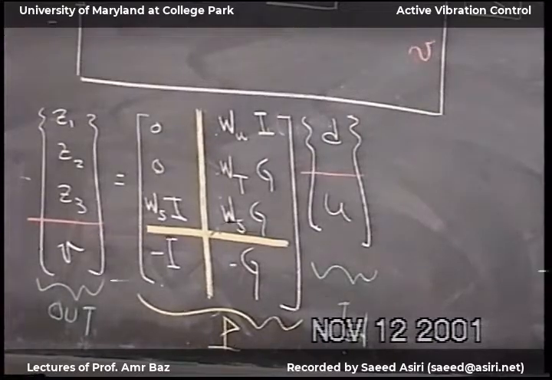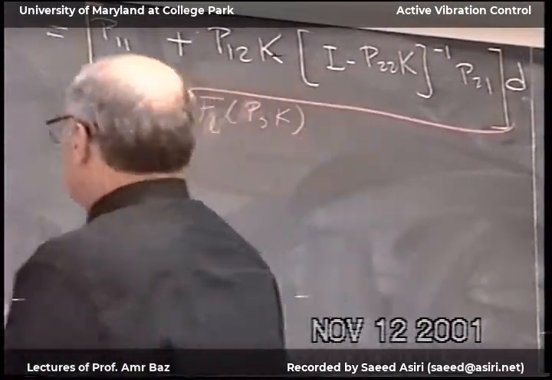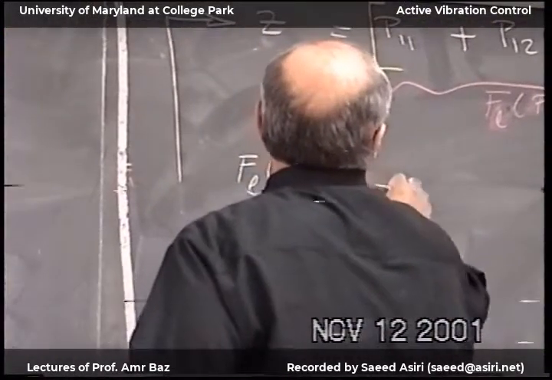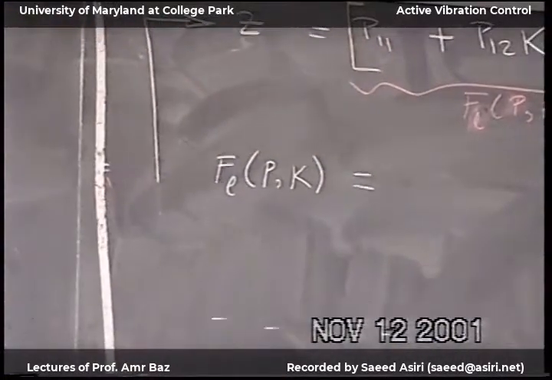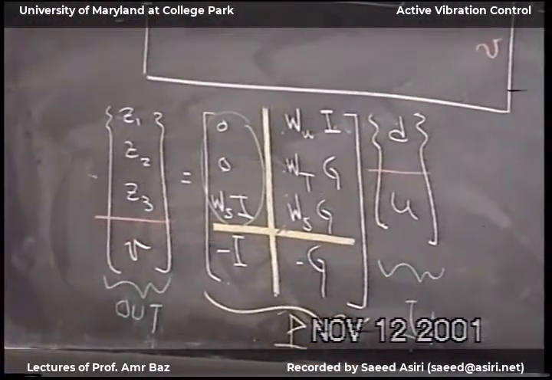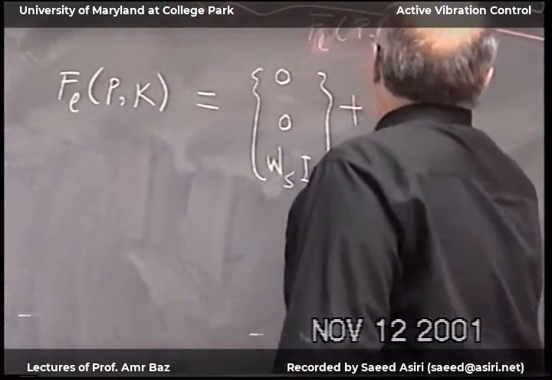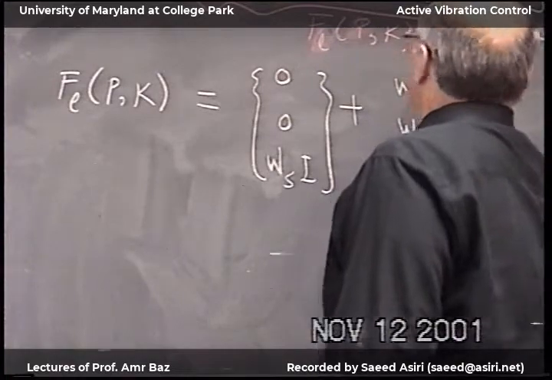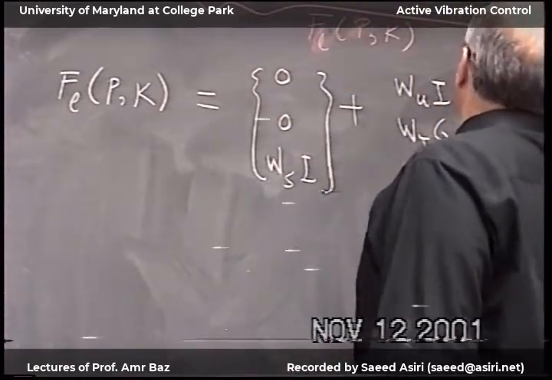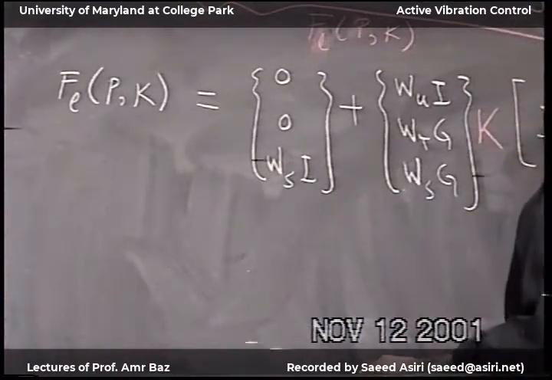And we said that this term is called the FL P and K. P11 is right here: zero, zero, and WS and I. P12 is this matrix: WU, WT, and WS and G. And then I multiply this times K. P22 is right here, minus G.